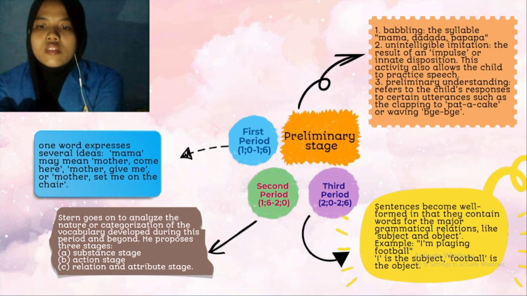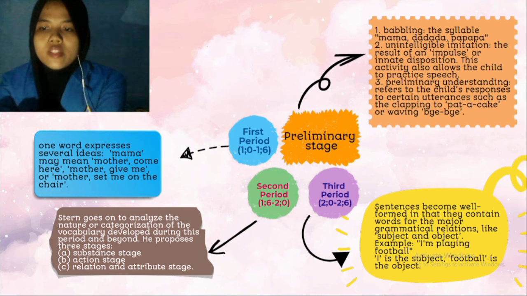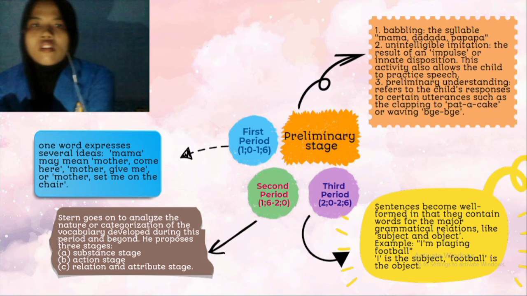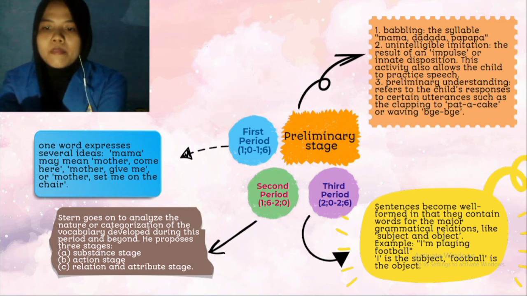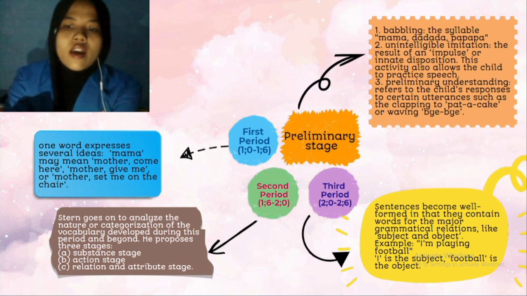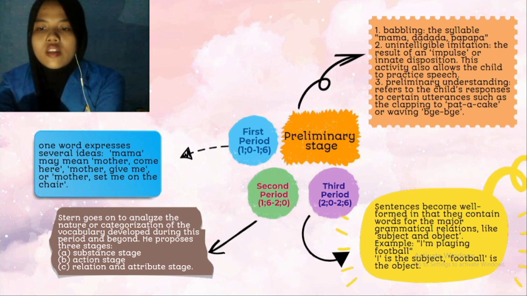So the sentences they build follow the grammatical structure, with a subject and an object. For example, I am playing football. In this sentence, I is the subject, and football is the object.